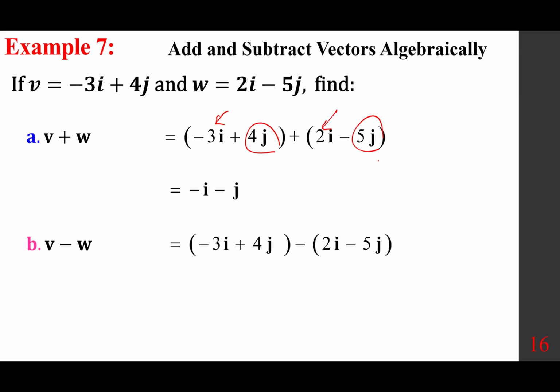Subtract. So this is minus 2i plus 5j. These two, negative 5i. These two, plus 9j. That's how you do it. Very simple.